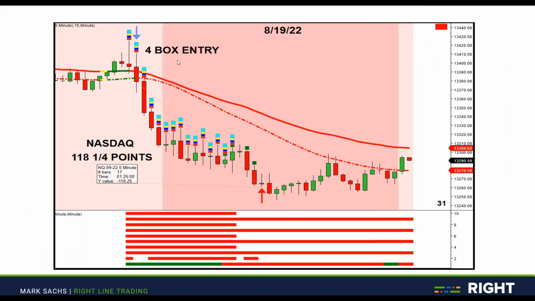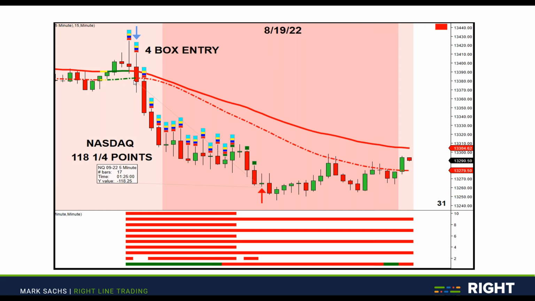Now, I think this might be a new one, but here's a 4-box entry. You've got the S&P 500. You've got the NASDAQ. I'm missing that blue color. That's the NASDAQ.